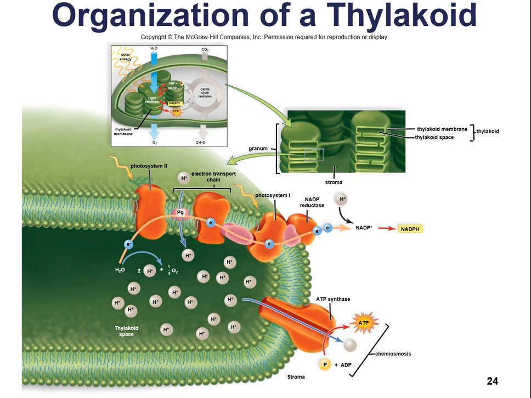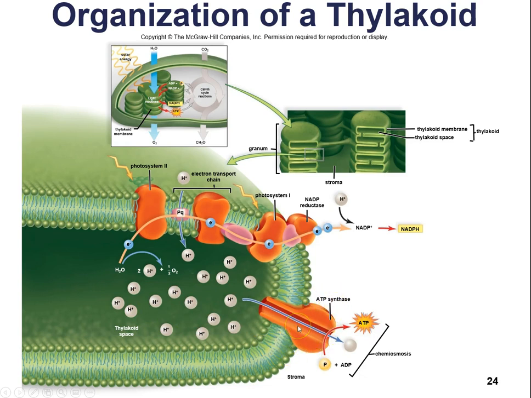Remember we talked about diffusion of molecules. So if you have a lot of hydrogen ions inside here and not a lot outside, these hydrogen ions are going to move along their concentration gradient, right? They're going to have the tendency to go this way, out. The only way these hydrogen ions can get out of that thylakoid space is through something called ATP synthase.